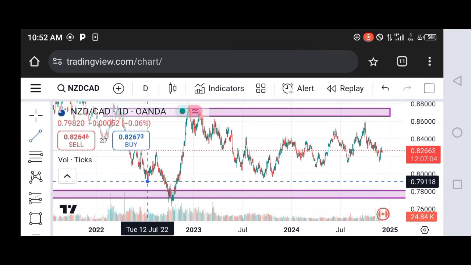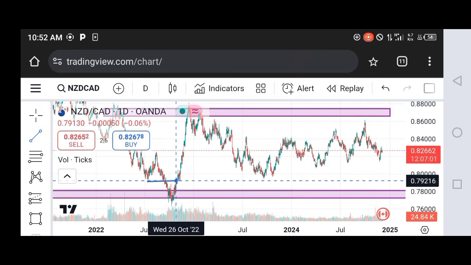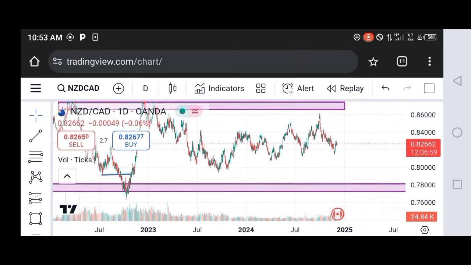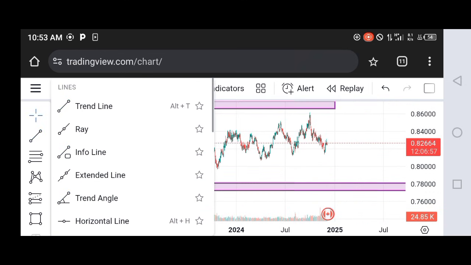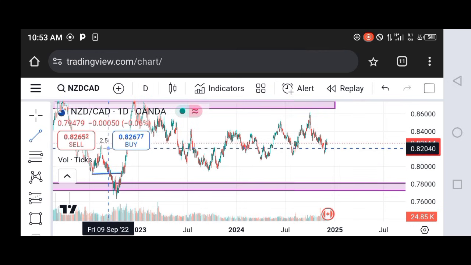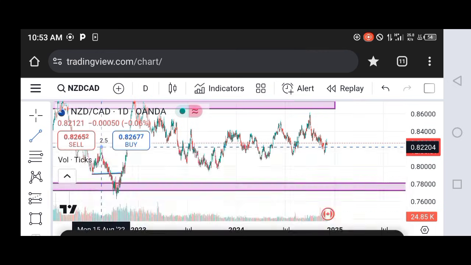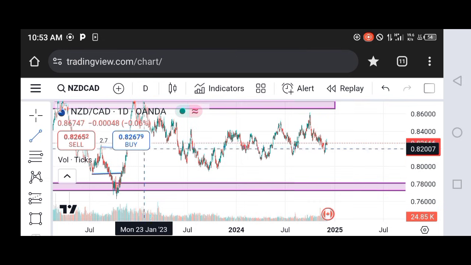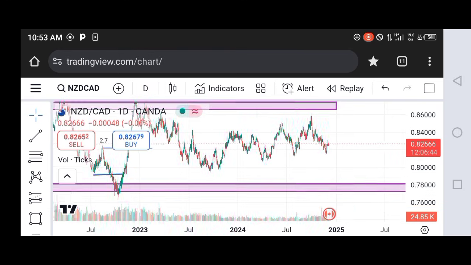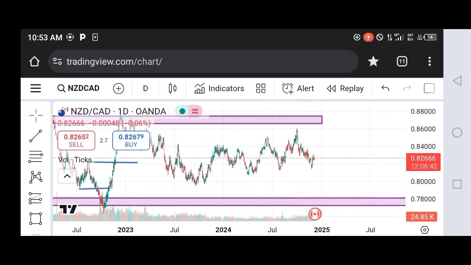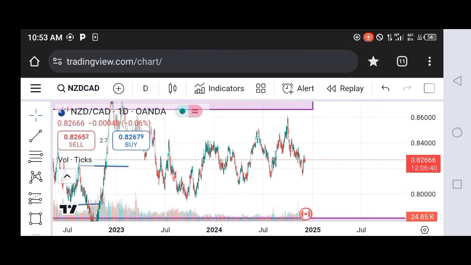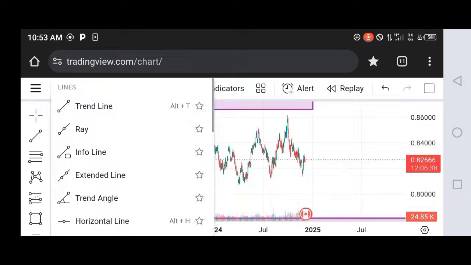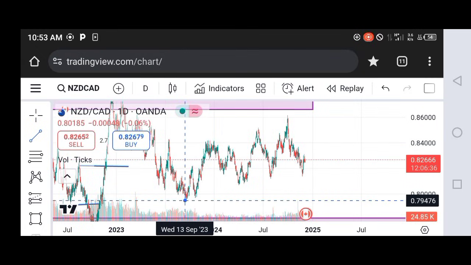At this point there was a sweep of liquidity right here, and also at this point there was a break of structure. Then the market came down to give us our structural liquidity.